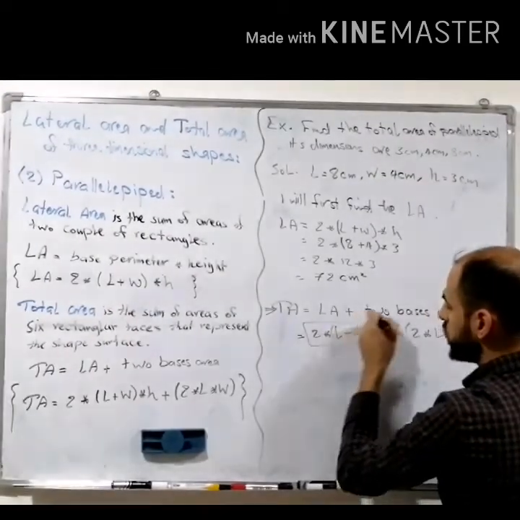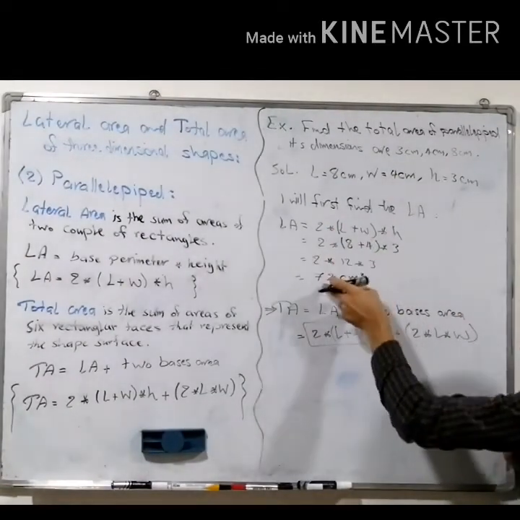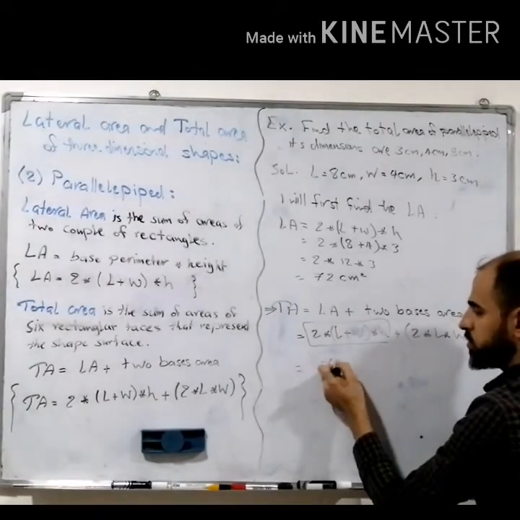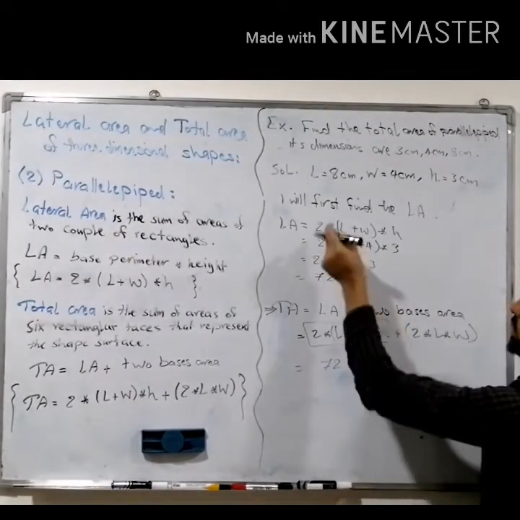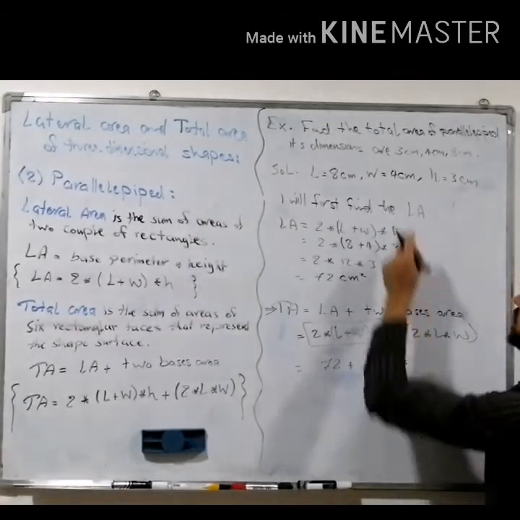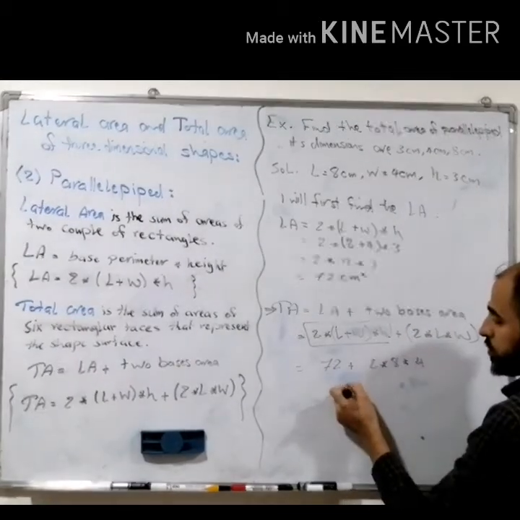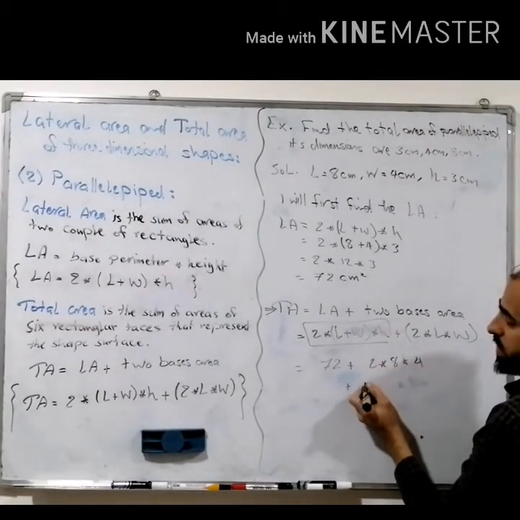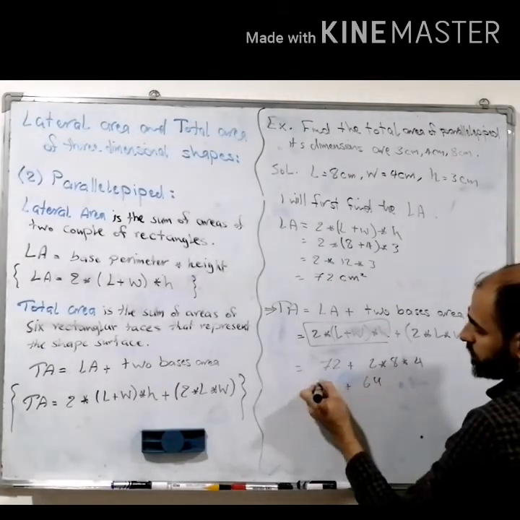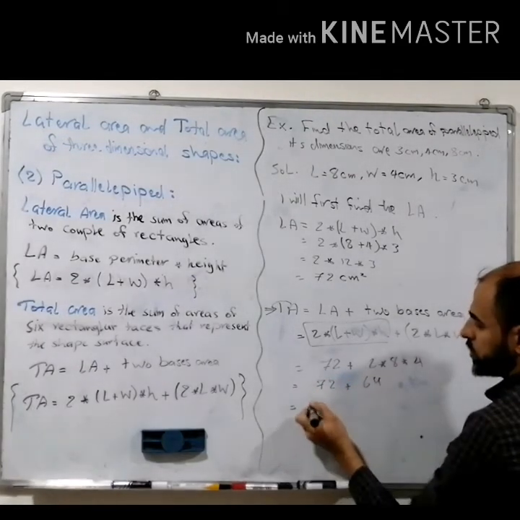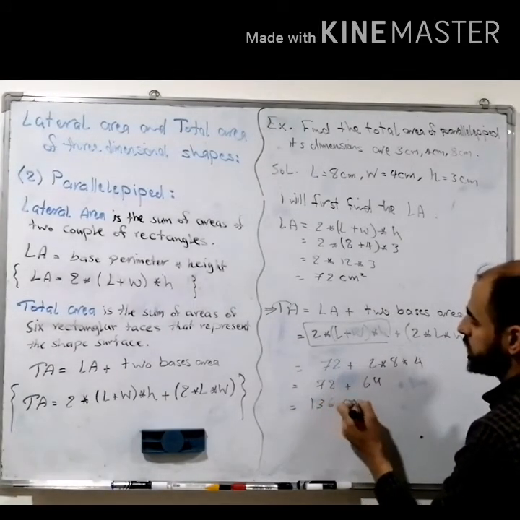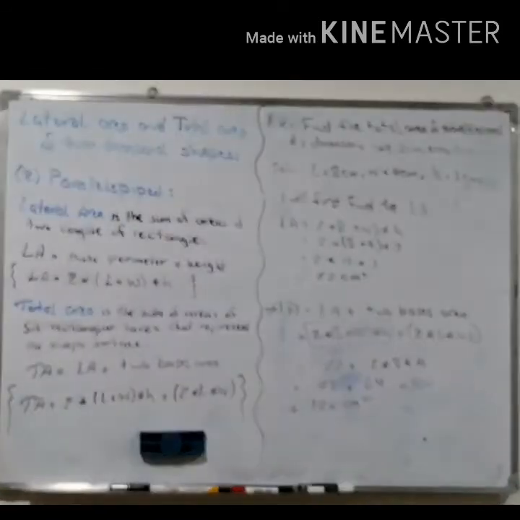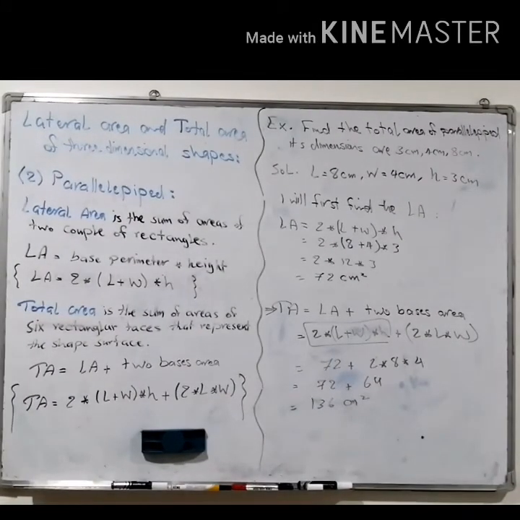So directly we substitute 72 plus 2 multiplying by length, which is 8, multiplying by width, which is 4, which is 2 by 4, 8. 8 by 8 is 64, and 64 plus 72 is equal to 136 centimeters squared, the total area of this parallelepiped shape.